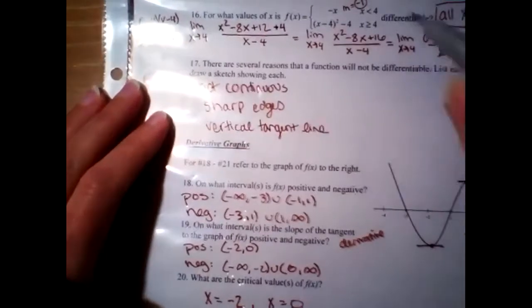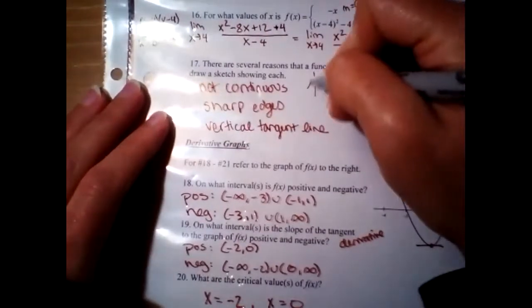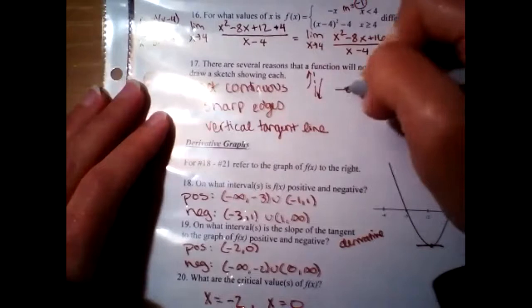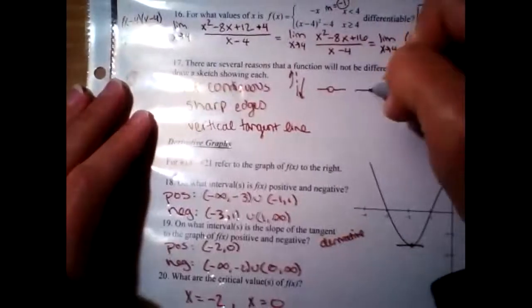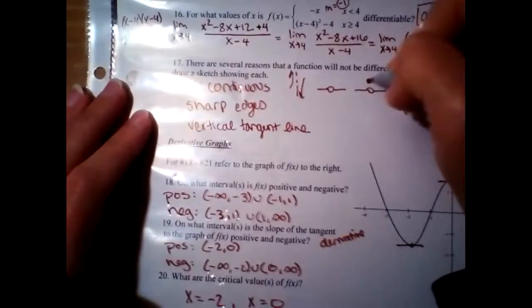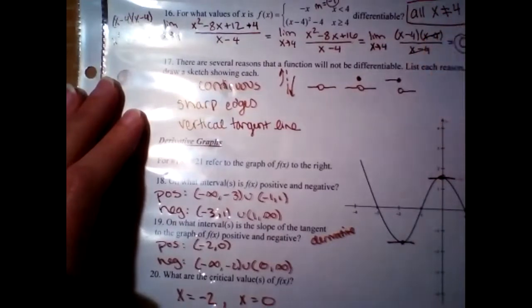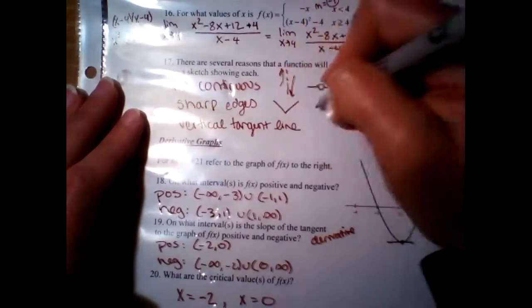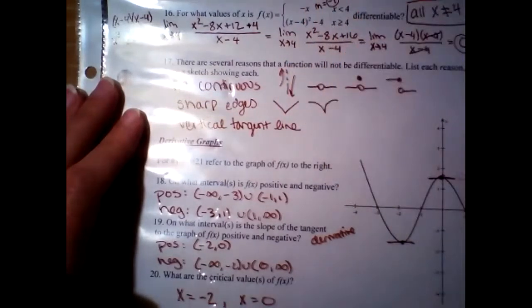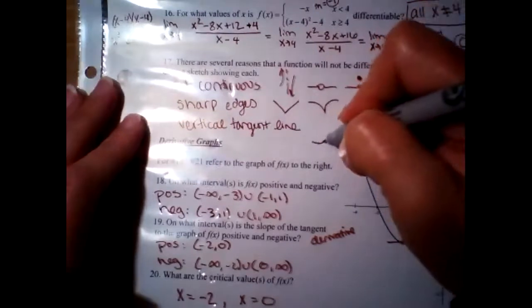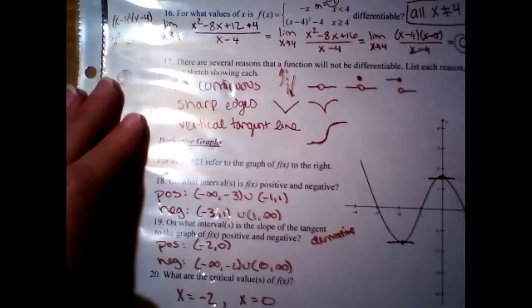Discontinuities would be things like asymptotes, holes with a point somewhere else, and jumps. Those are all your kinds of discontinuities. Sharp edges would be corners and cusps. And a vertical tangent line would look like this, where the graph kind of goes vertical in the middle.